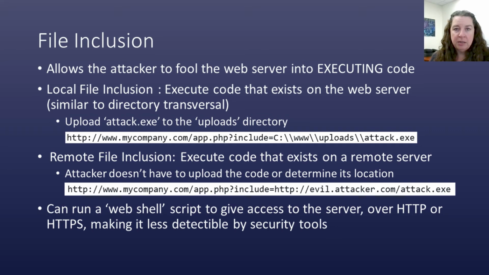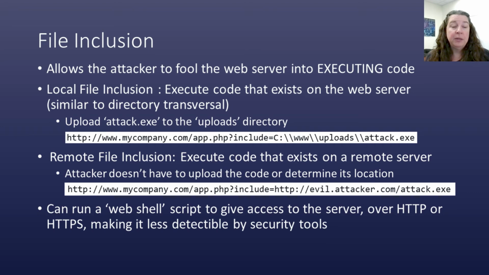Assume that you have a www uploads, and we're going to attach this file. When the hacker uploads the attack.exe file into the uploads directory and then includes the include query parameter in his file parameter, it will automatically attach that file. If that exe file does something to the server, that is a really easy way to do a local file inclusion attack.